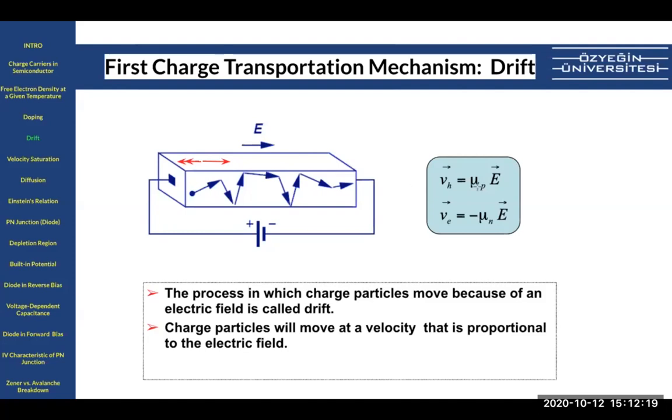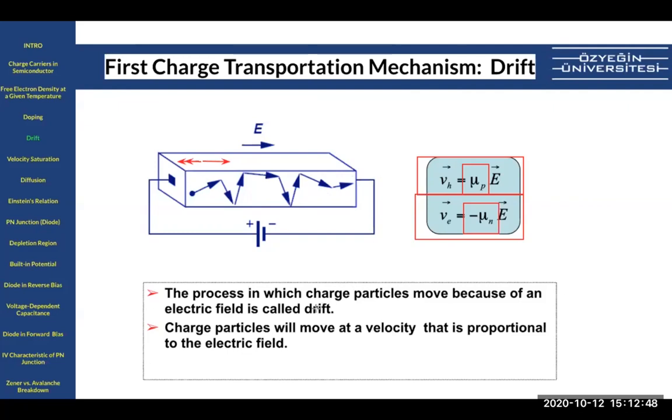That's why the mobility constant mu n is much higher compared to mu p. When we calculate their speeds for the same electric field, you'll see that electron speed is much higher and they move much faster than holes.